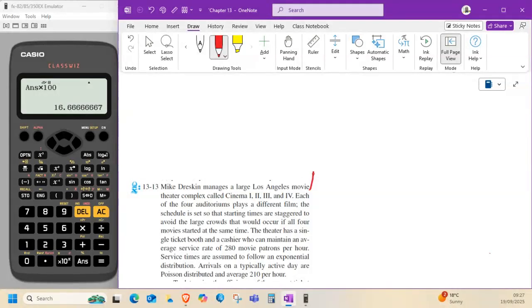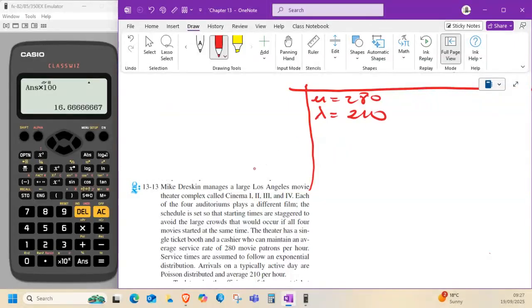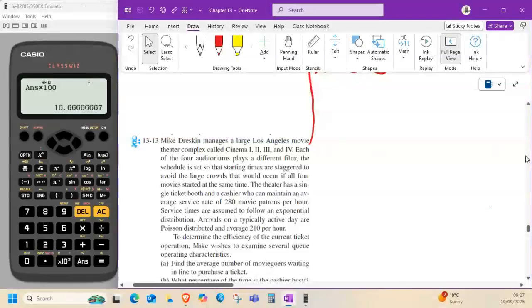So that's a service rate, 280. Then service times assume an exponential distribution, and arrivals on a typical active day follow a Poisson distribution with an average arrival of 210 per hour.